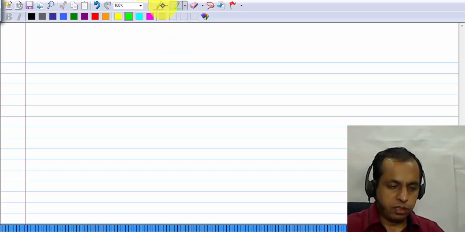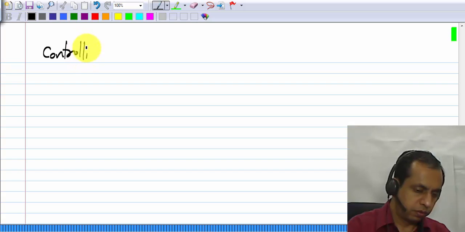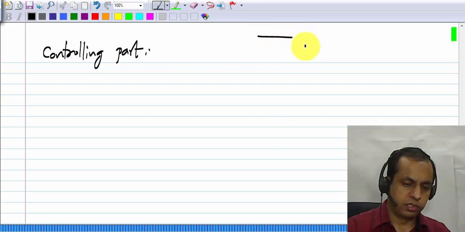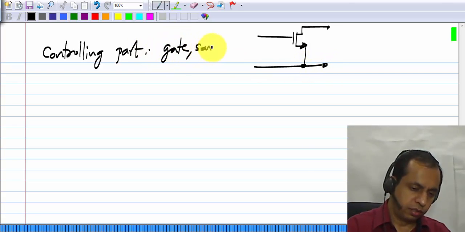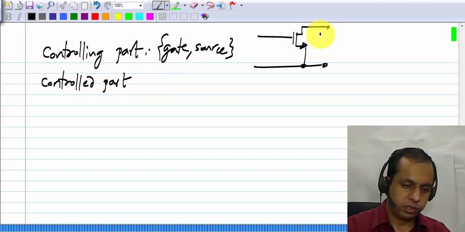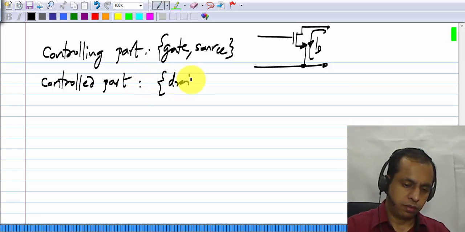Now why does this really work? The controlling part of the transistor current is the gate-source voltage, so this is between gate and source, and the controlled part, which is the drain current, goes from drain to source.